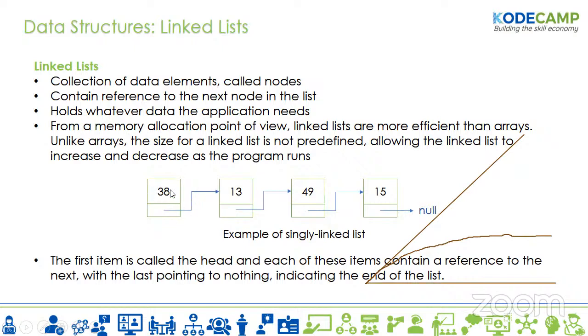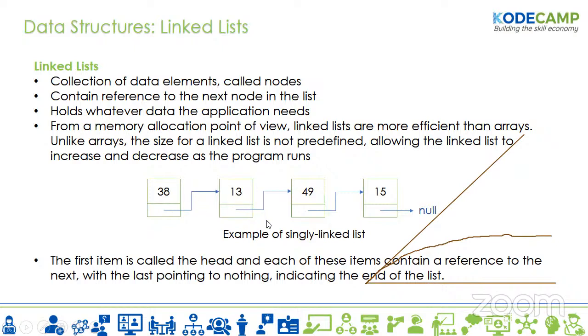So this element 38 has a reference in the node, and this reference is telling the system that the next element is the one following. So after this is the one following. So they can be stored in any part of the memory, but they would have a reference that shows what is the next memory location, what is the next element following.